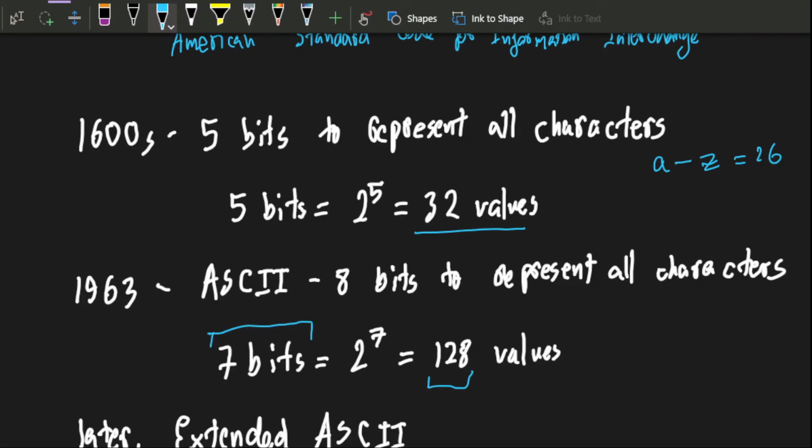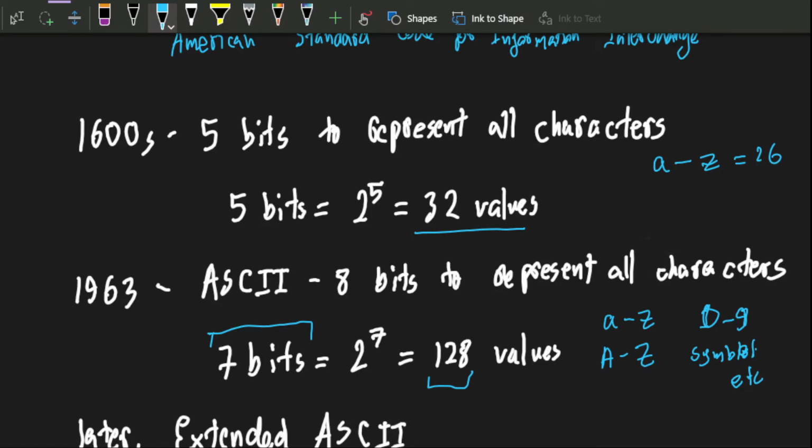So this was enough to hold A to Z in lowercase, A to Z in capital, numbers 0 to 9, symbols, and etc. Because 128 values was a lot.